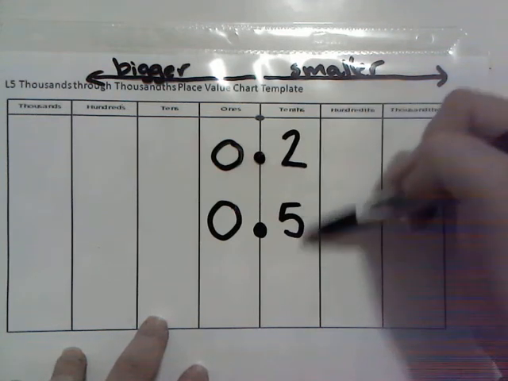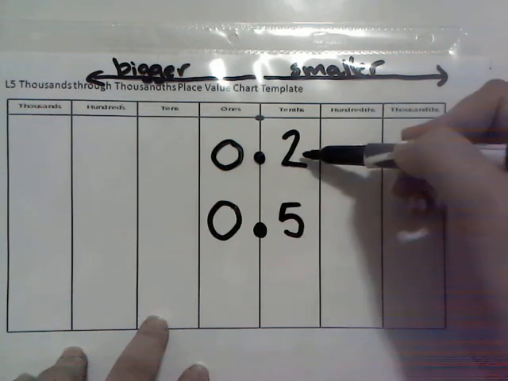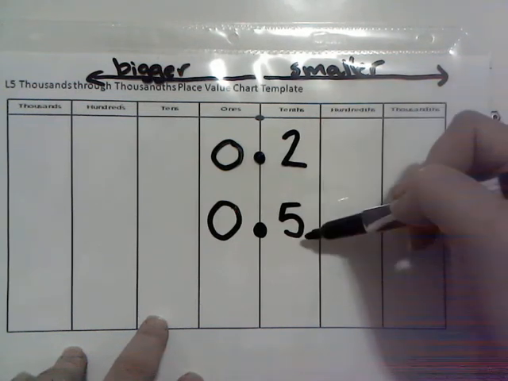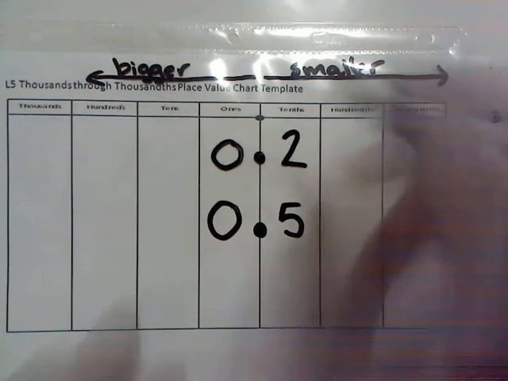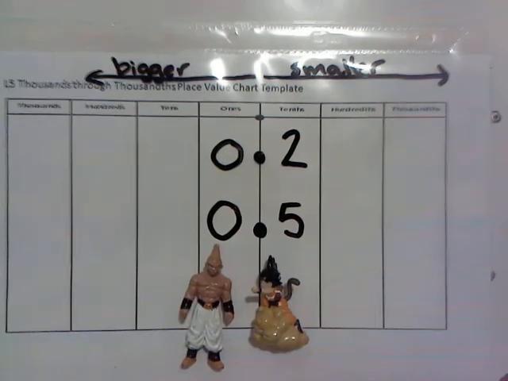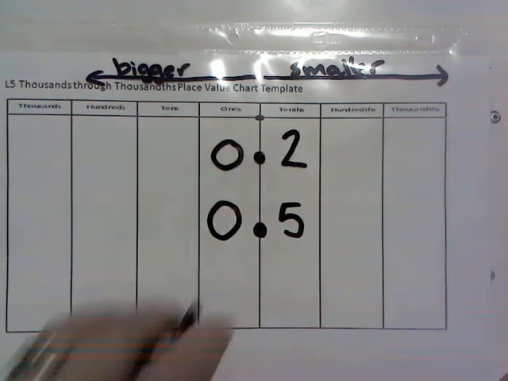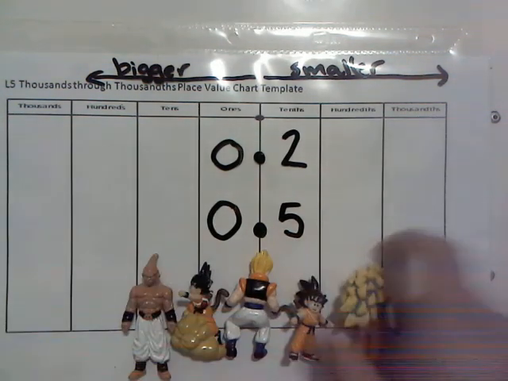They're in a common unit, so I can compare them. 2 of these is less than 5 of these. That would be me saying 2 of these is less than if I have 5 of the same type.